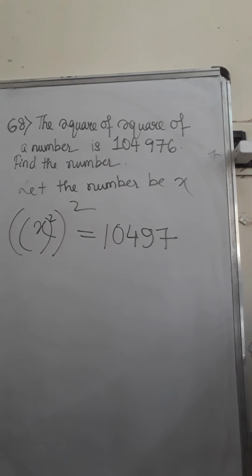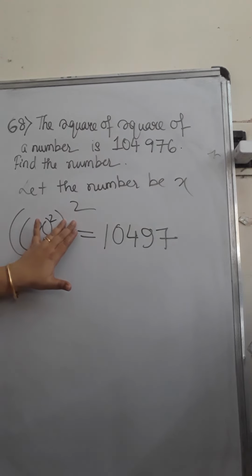Now just before this, in sum number 67, I told you that when we need to find the unknown number, we will keep it on one side and shift everything to the other side. In the previous sum there was square root, and when we shifted it, it became square. Similarly in this question it is just the opposite.